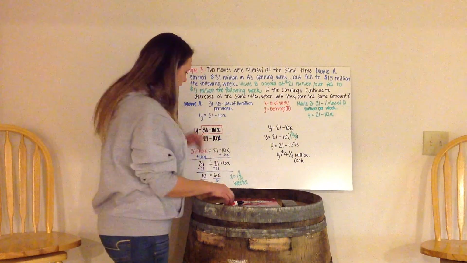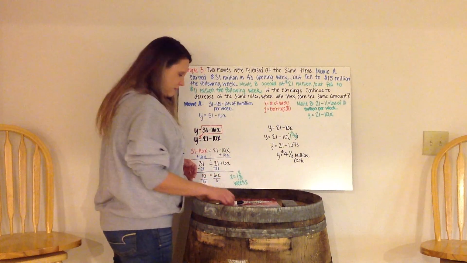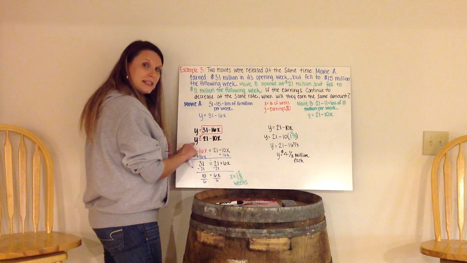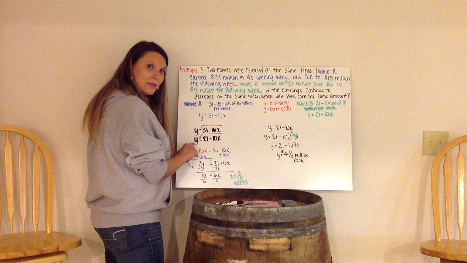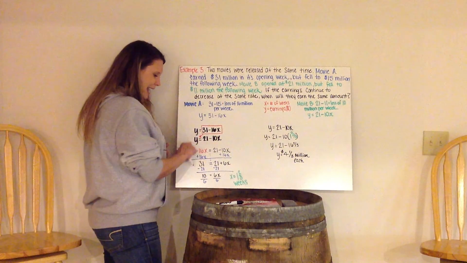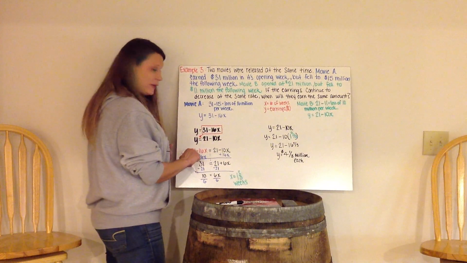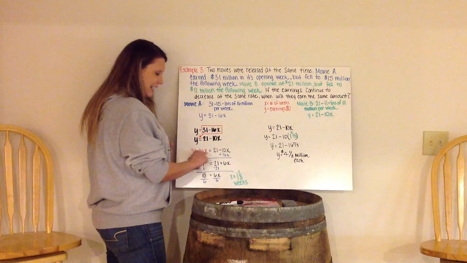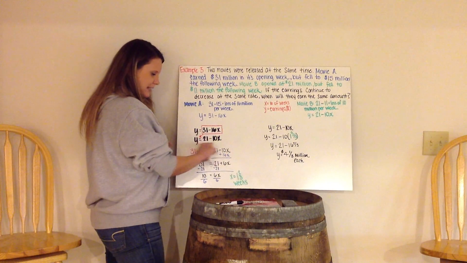Absolutely not. I chose the first one because that's what's there first. So I highlighted it and plugged it in place of that y value. I substituted it in. So instead of my y, I'm going to plug in something equal to it, which is 31 minus 16x. So my y still equals 21 minus 10x.